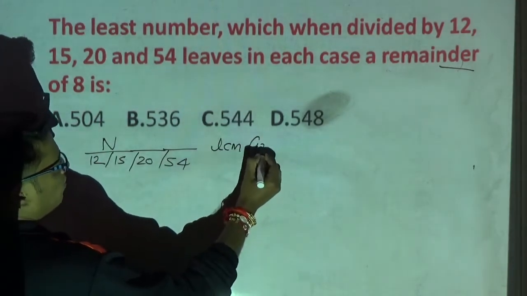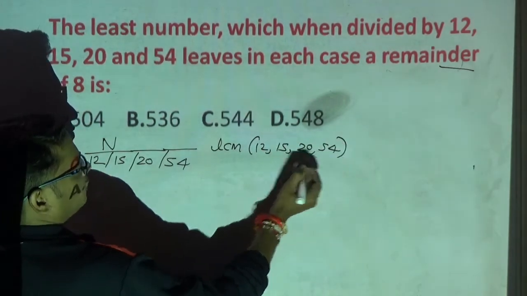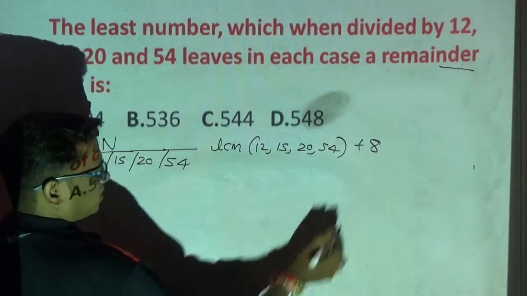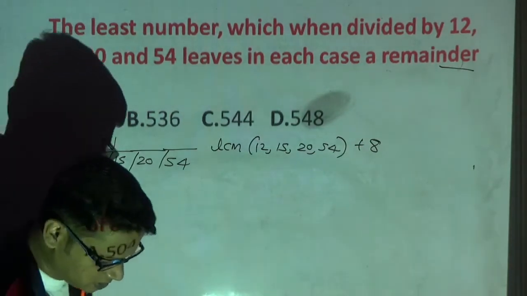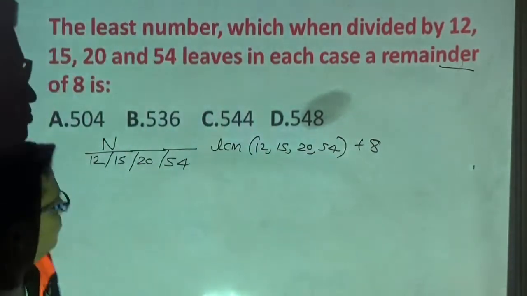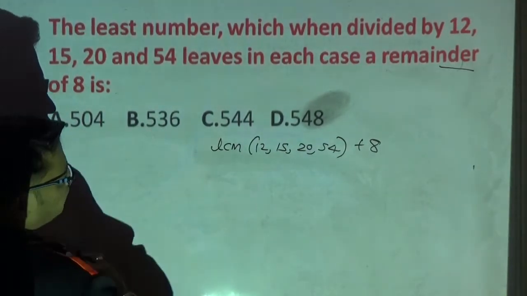The LCM of 12, 15, 20, 54, and after that LCM, you have to add 8, correct? So that is what I need to do. Now let me find the LCM of these numbers.